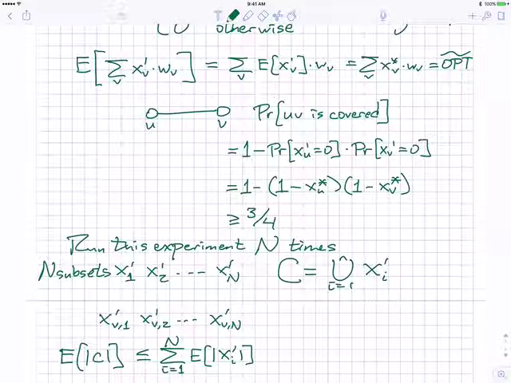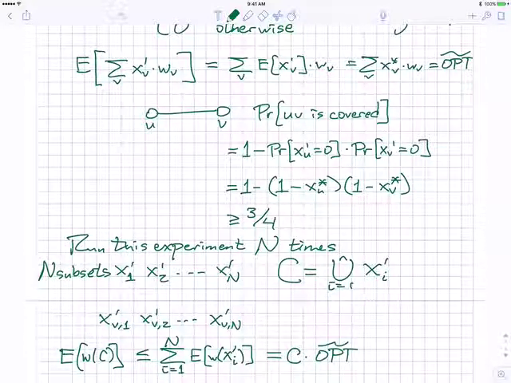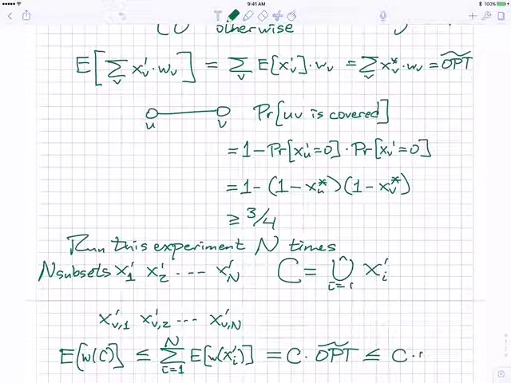I shouldn't say size here, I should say weight. Sorry. The expected weight of C. But the expected weight of any rounded fractional solution, look at the top of the screen, is opt-twiddle. So this is equal to C times opt-twiddle, which is at most C times opt.